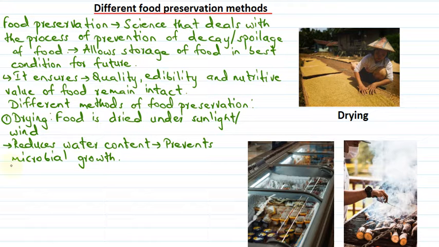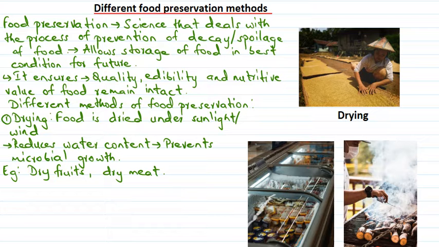The food items that are dried are, for example, dry fruits and dry meat. These kinds of food materials are usually dried.